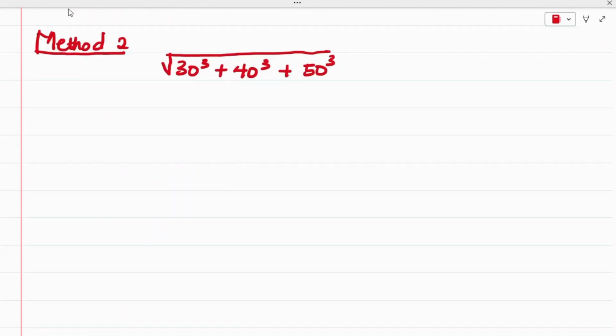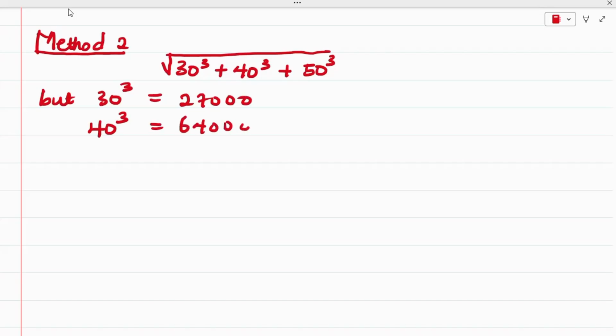Alright, so for method 2, you want to simply note that 30 raised to the power of 3 is equal to 27,000, and 40 raised to the power of 3 is equal to 64,000, and 50 raised to the power of 3 is equal to 125,000.